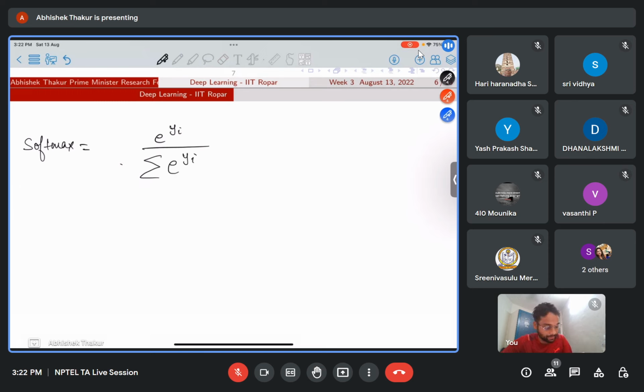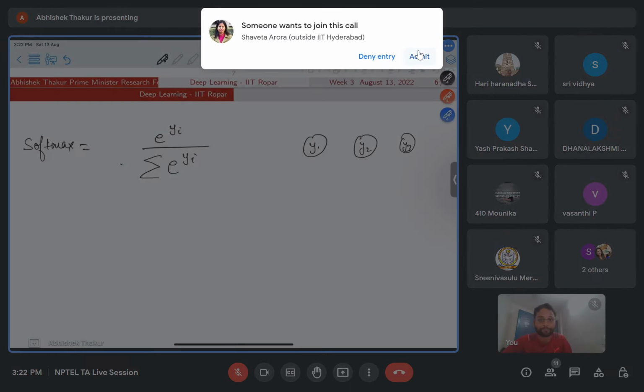Let's suppose we have three neurons in the output layer, that is y1, y2, y3.